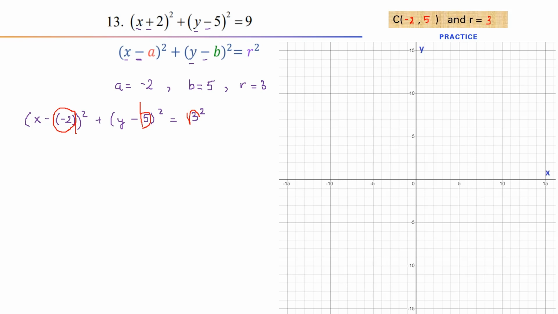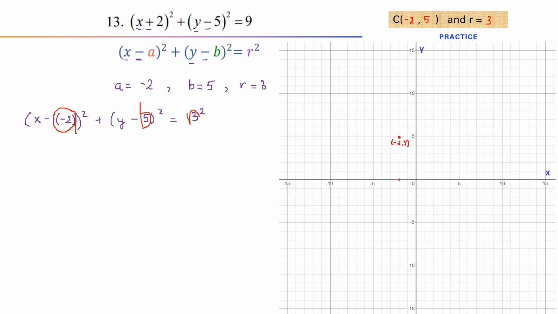Now how do we graph it? We have to find the center point first. So negative 2 is here and go up to 5. So the center is negative 2, comma 5.